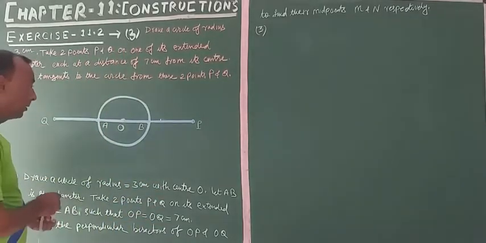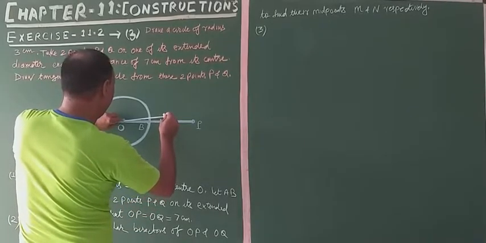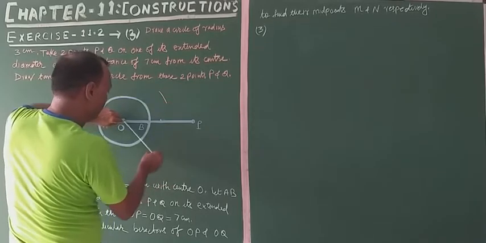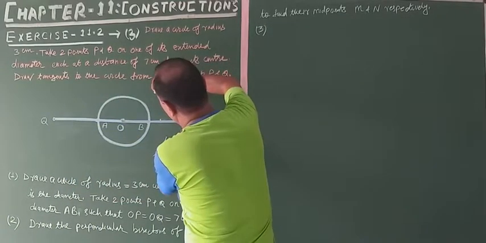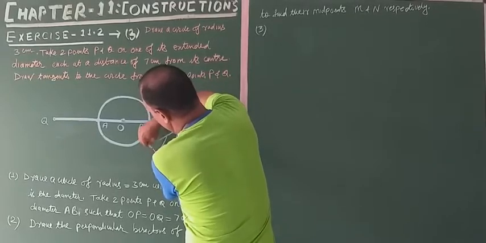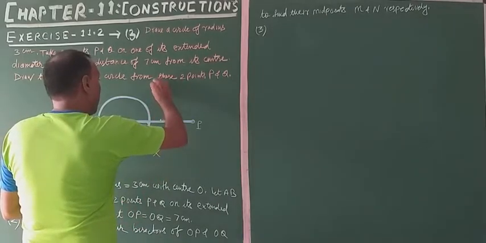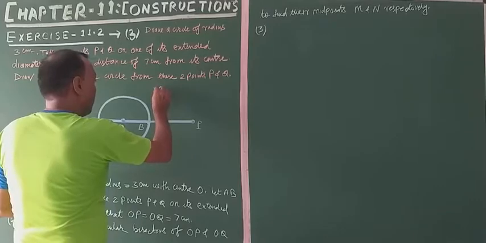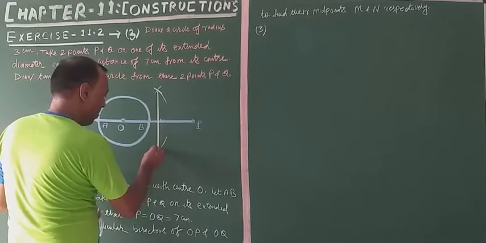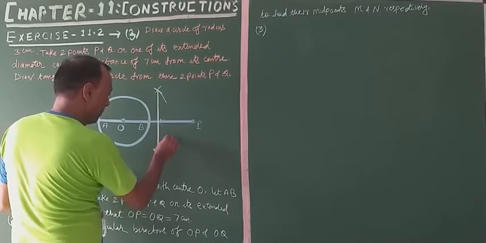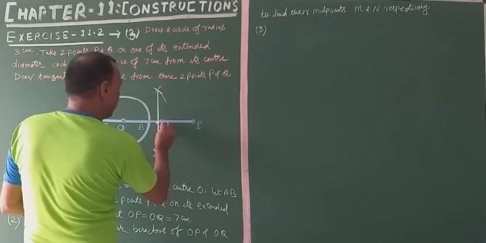We will take more than half radius in this way. This is the midpoint M of this.